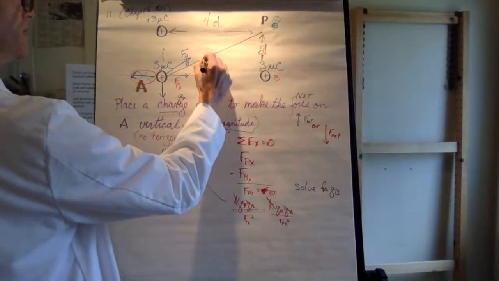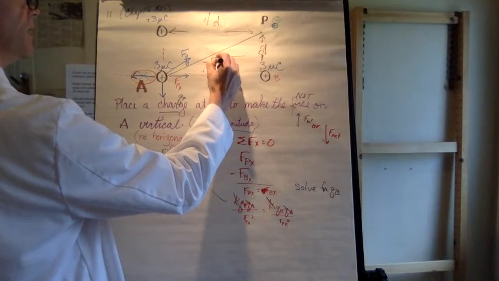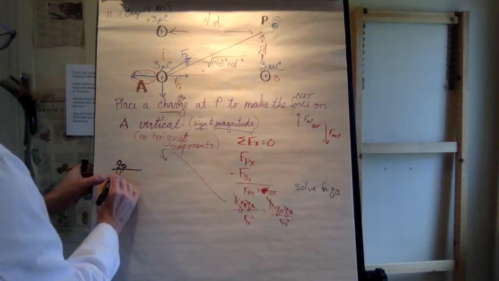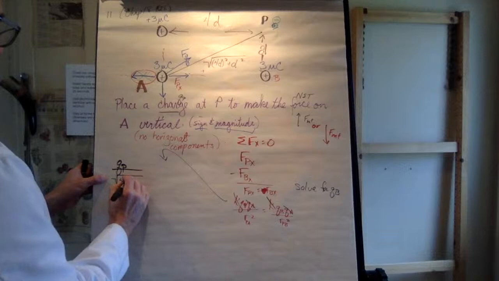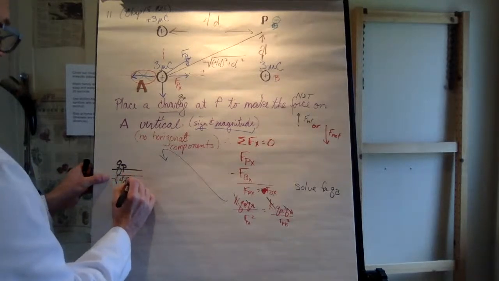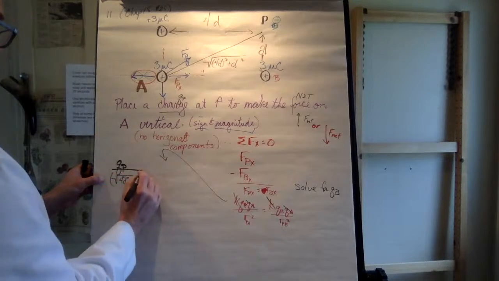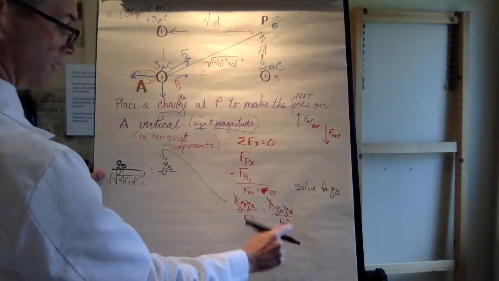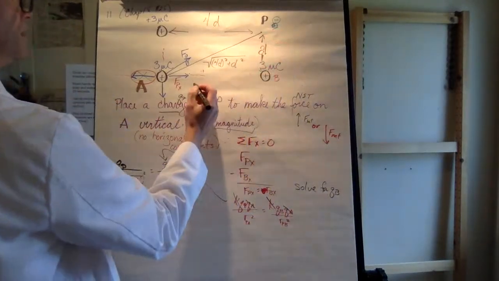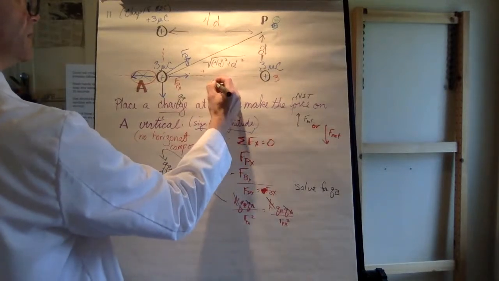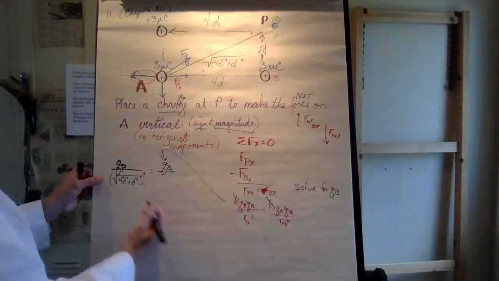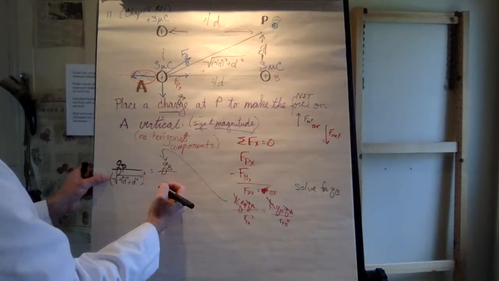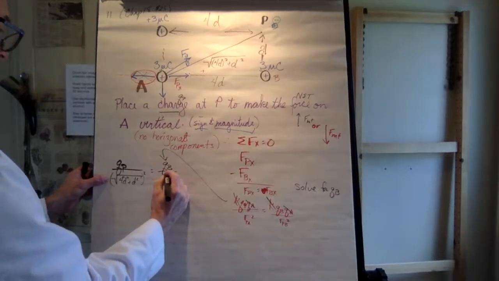So this is root 4D squared plus D squared, that whole quantity squared, has got to equal QB all over this, which is 4D. So then that becomes P squared, that's just 4D.